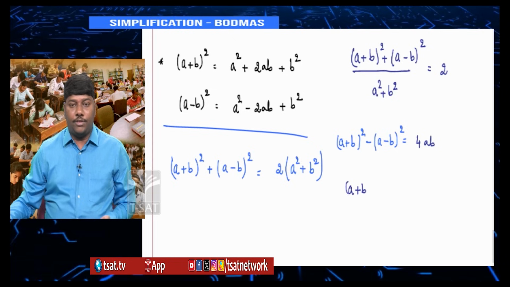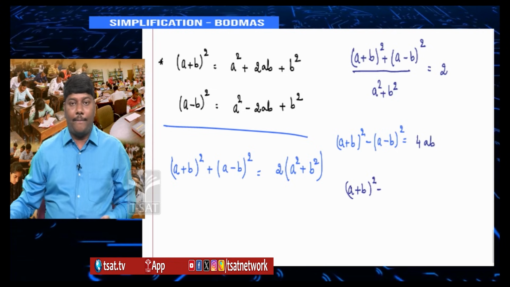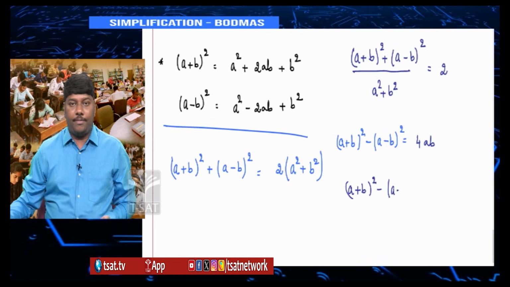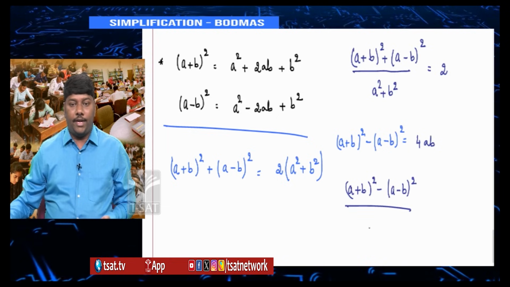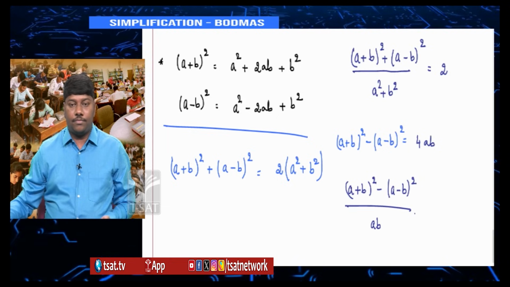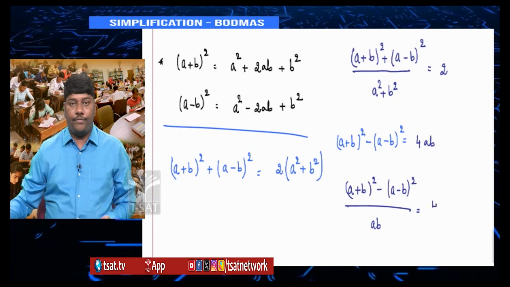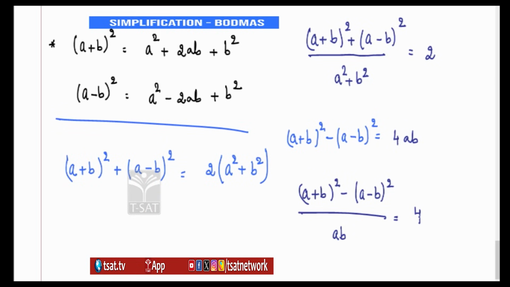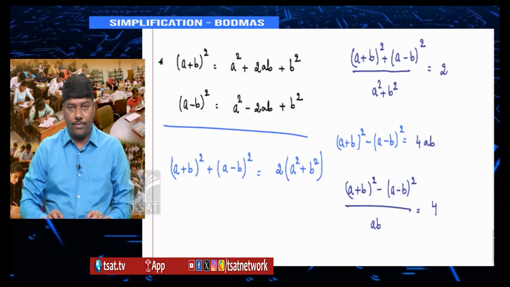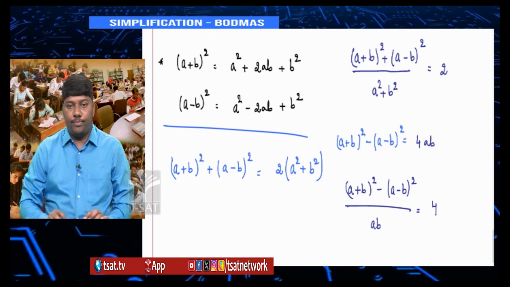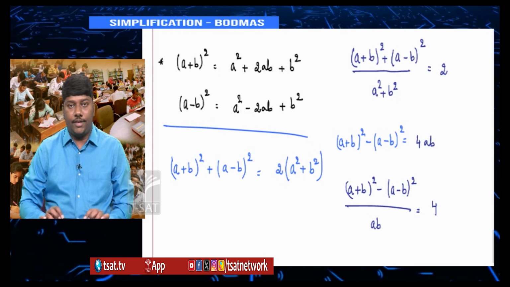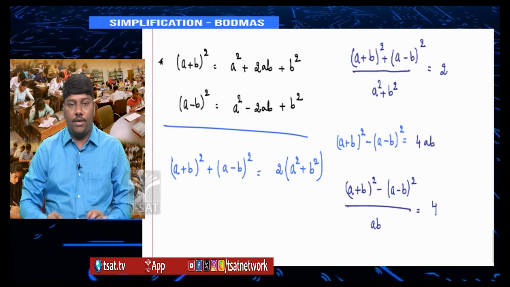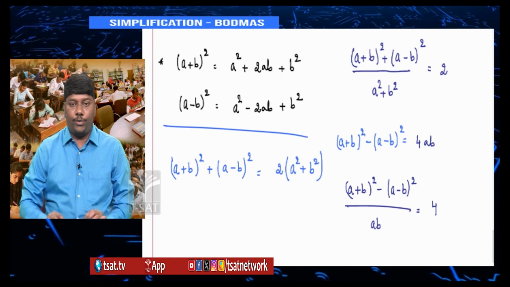A plus b whole square minus a minus b whole square divided by ab is equals to 4. So, when it is a plus b whole square plus a minus b whole square divided by a square plus b square, it becomes 2. When it is a plus b whole square minus a minus b whole square, that is actually 4ab. If you divide it by ab, your answer is going to be 4.